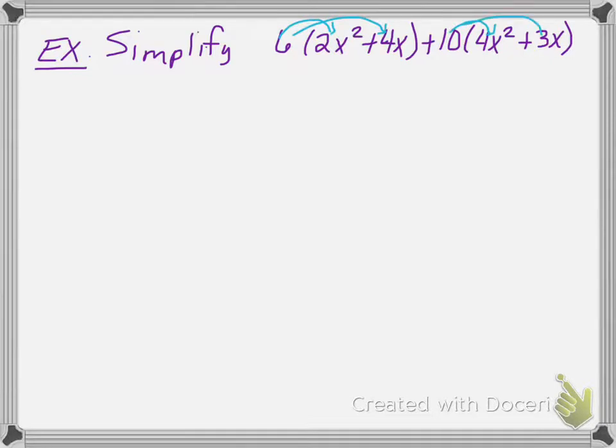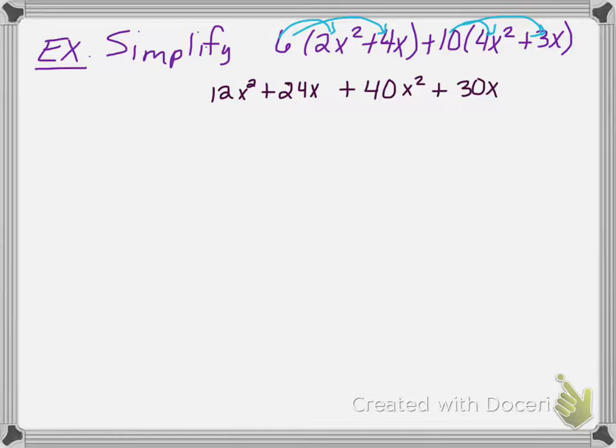What is 6 times 2x squared? 12x squared. What is 6 times 4x? 24x. What is 10 times 4x squared? That is a 40x squared. And what is 10 times 3x? That is a 30x.